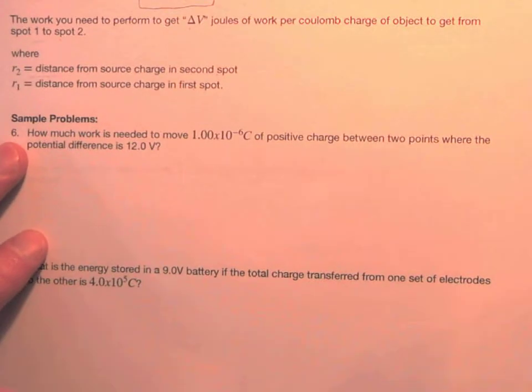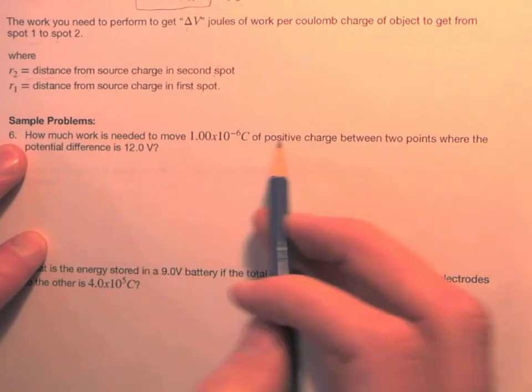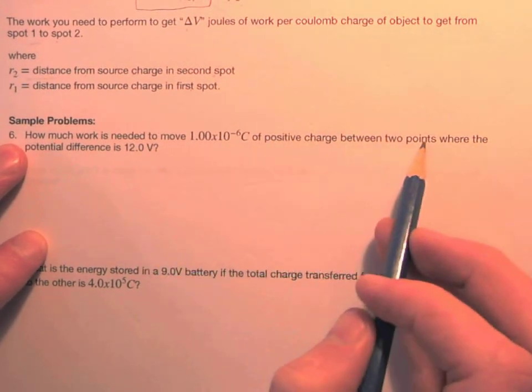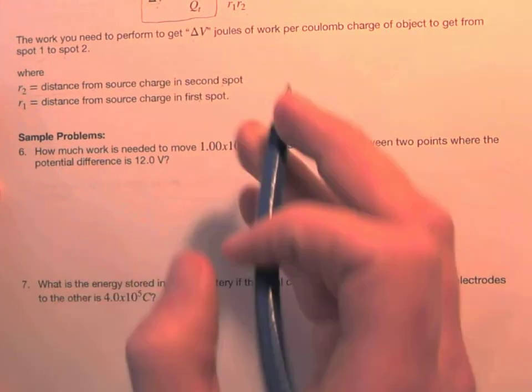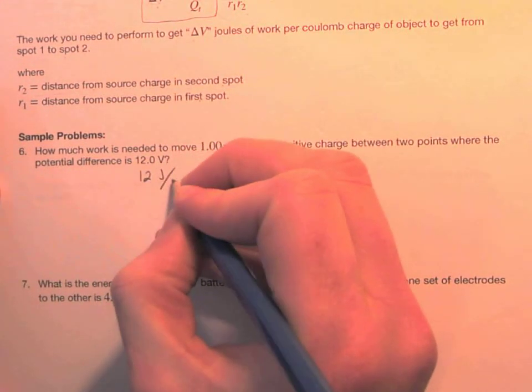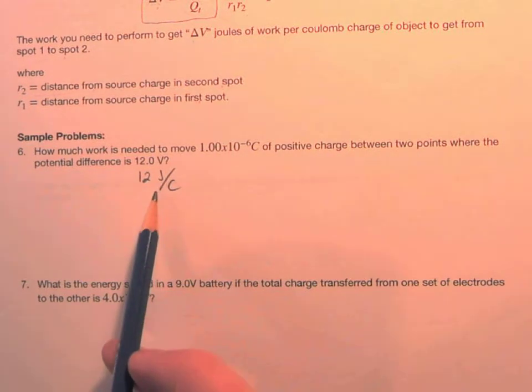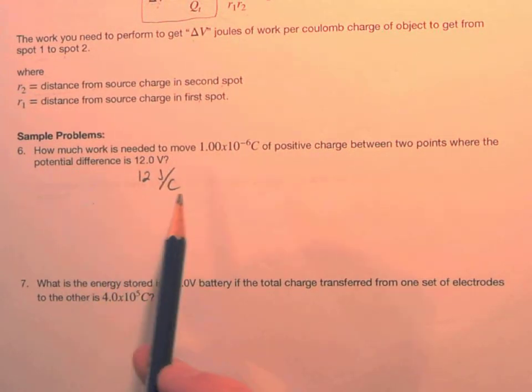How much work is needed to move 1e-6 coulombs of positive charge between 2 points where the potential difference is 12 volts? That means 12 joules per coulomb is the amount of work you need to get from spot 1 to spot 2.